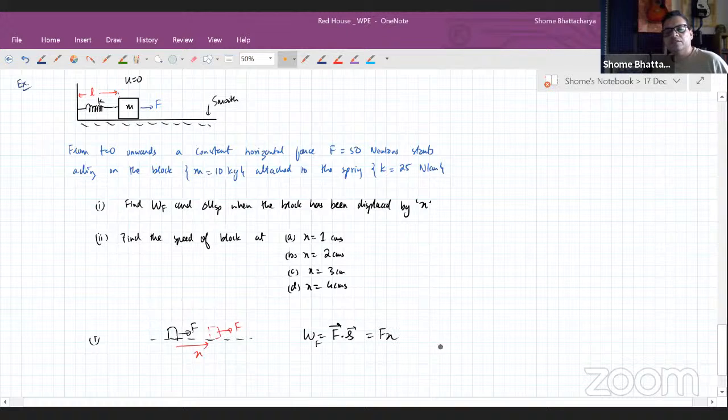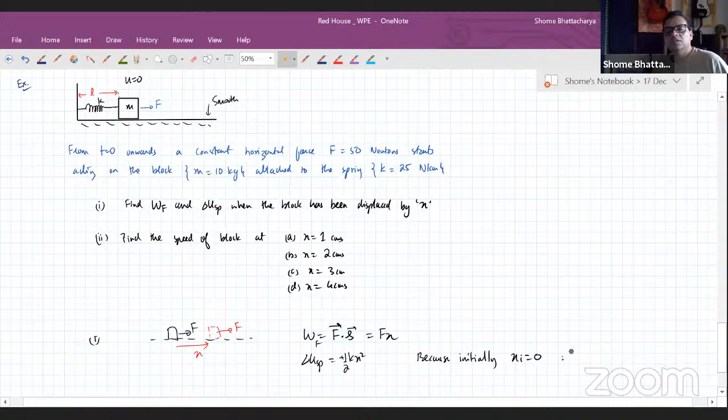So here it will become Fx. Whereas the change in potential energy of the spring will be plus half kx square, because initially the extension of the spring was 0.